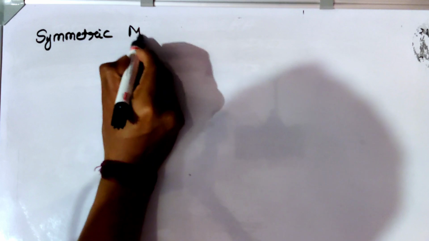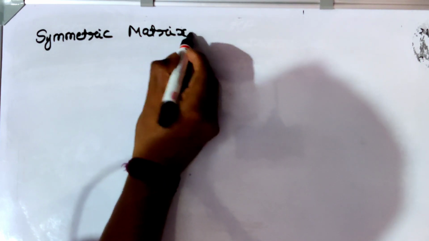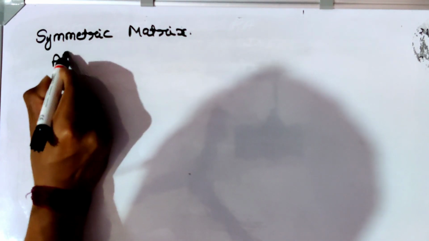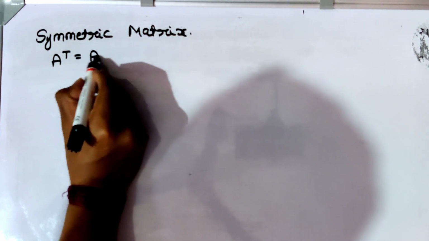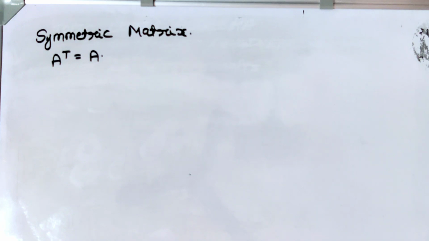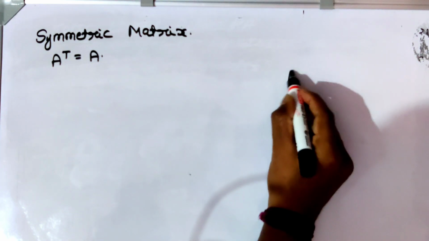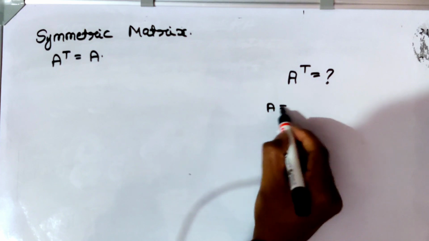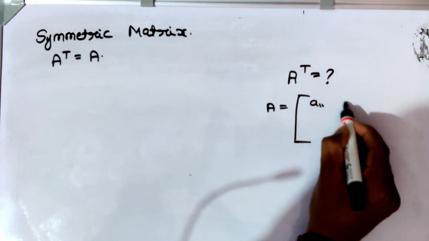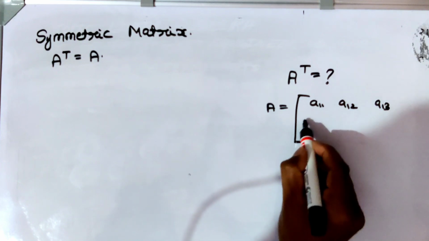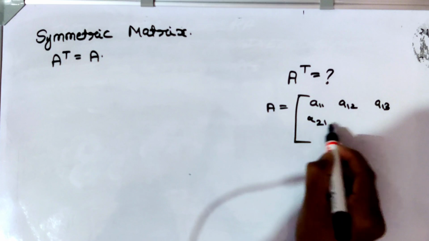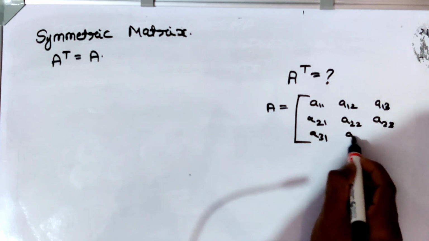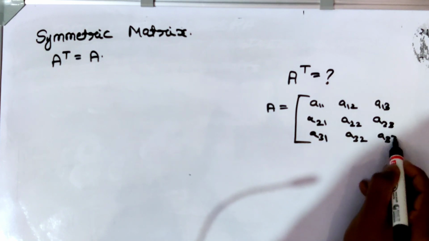Symmetric matrix. So our matrix A is said to be symmetric if and only if A transpose is equal to A. So what is A transpose? A transpose is a matrix A with entries A11, A12, A13, A21, A22, A23, A31, A32, A33.